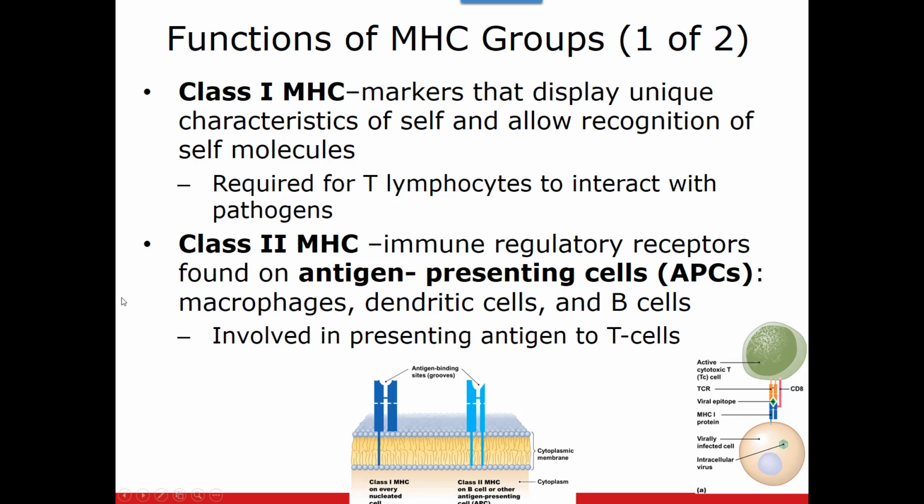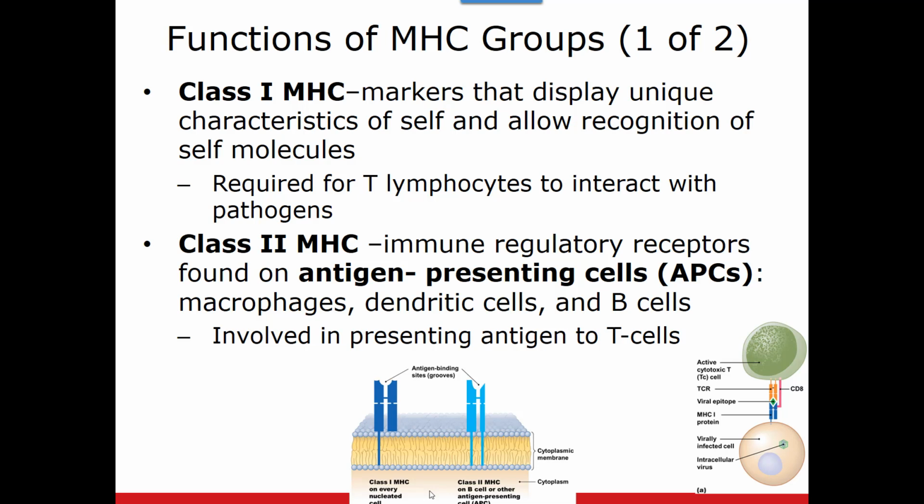Every single cell in your body except red blood cells has a class 1 antigen on it. That's unique to you. It's why if I gave you an organ, you would probably reject it. My class 1 antigens on all of my cells are different than your class 1 antigens on all of your cells.